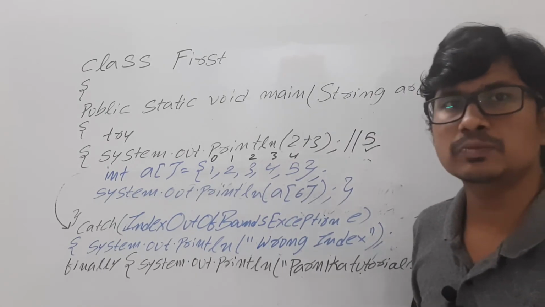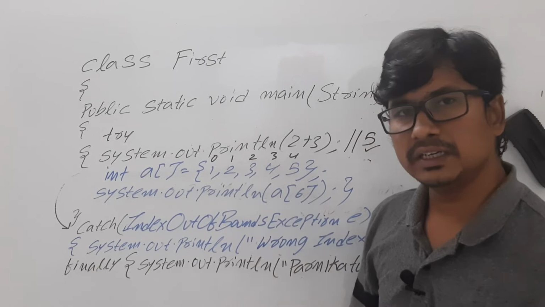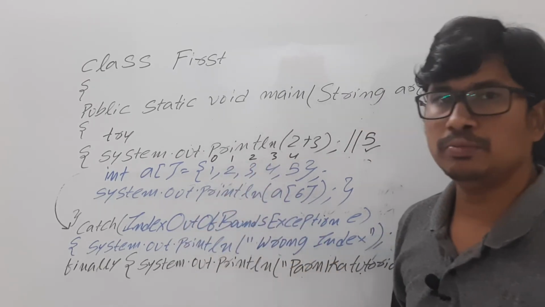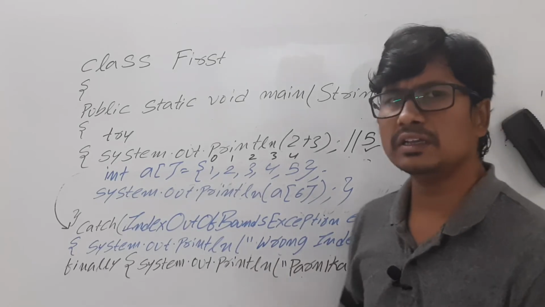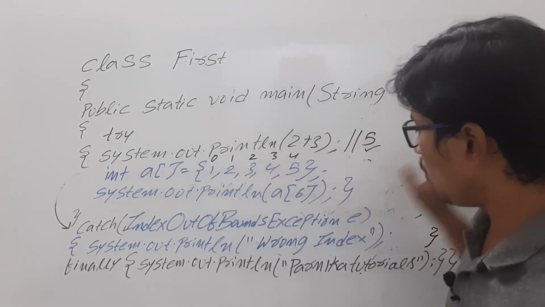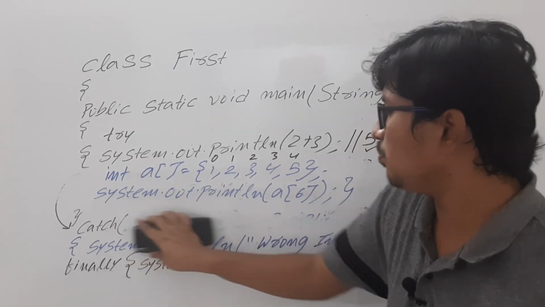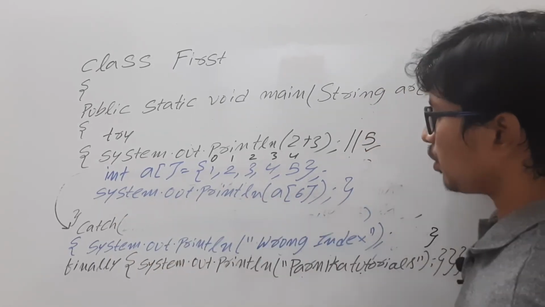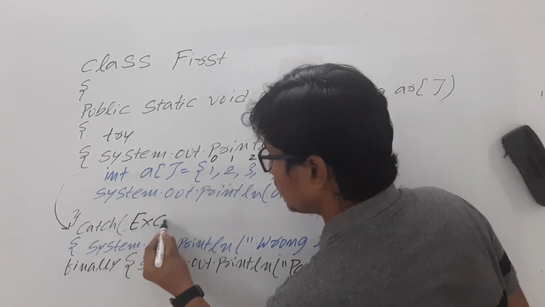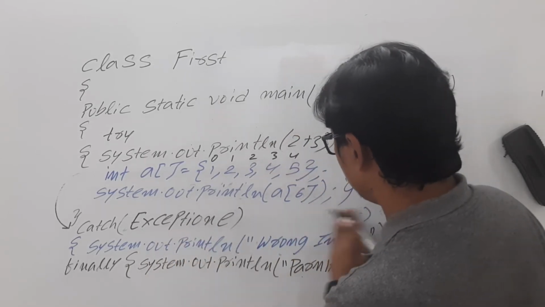Now you can ask me one thing: sir, you are talking about arithmetic exception, null pointer exception, index out of bounds exception, but when I have written the program, I don't know what kind of exception will be raised. Then what I can do is, in place of this one, provide the superclass called Exception, let me write E or something.